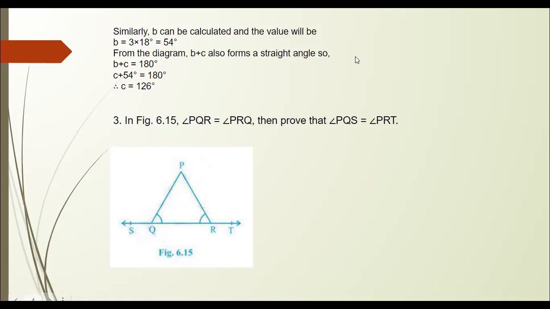If one angle is 60 degree, another angle is 120. So since they are saying both are equal, it is also 60 degree. So it will be 120. So like that, you are going to prove these two are equal. Okay. You have to show by steps.